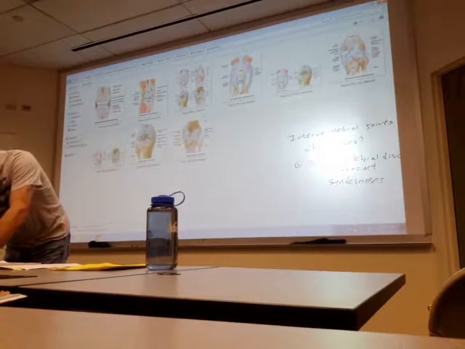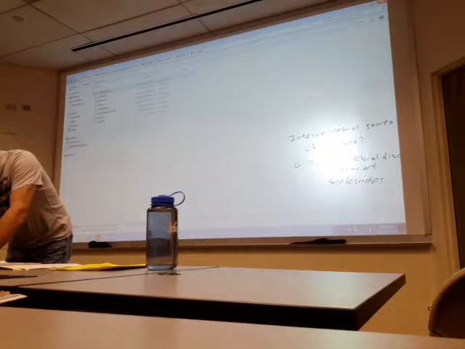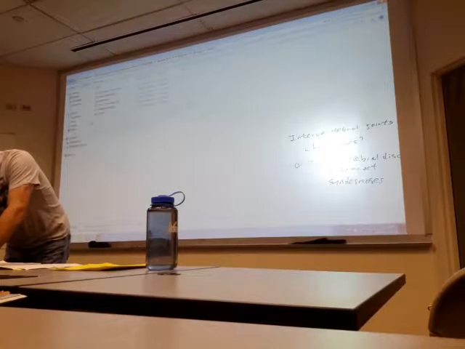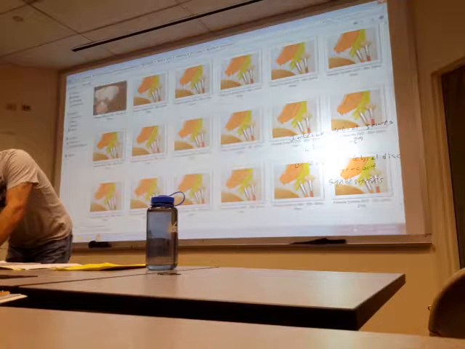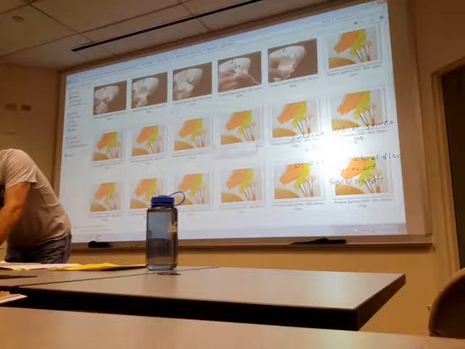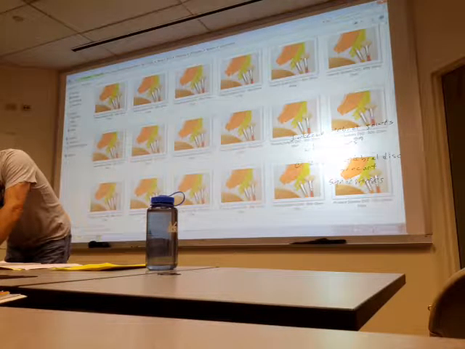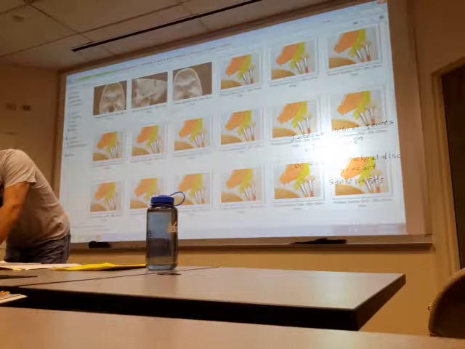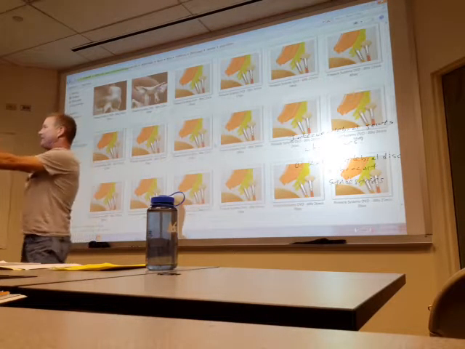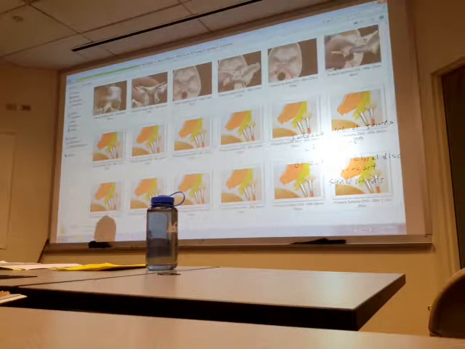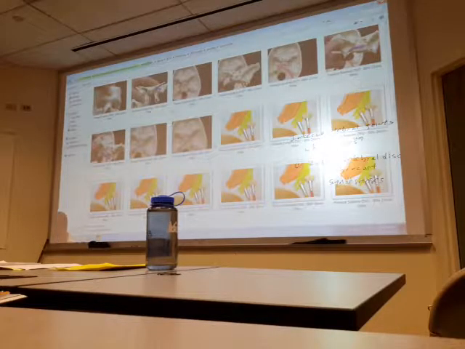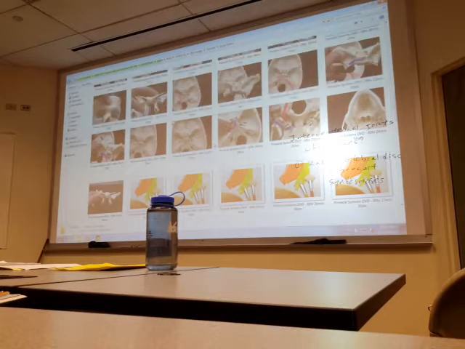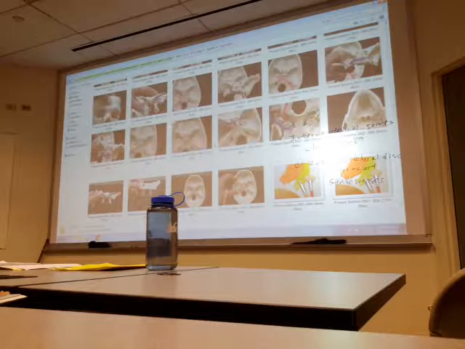But what if we were looking at these other, or can you think of some other intervertebral joints? If you stack two vertebrae on top of each other, what part of the overlying vertebra articulates with the underlying vertebra?